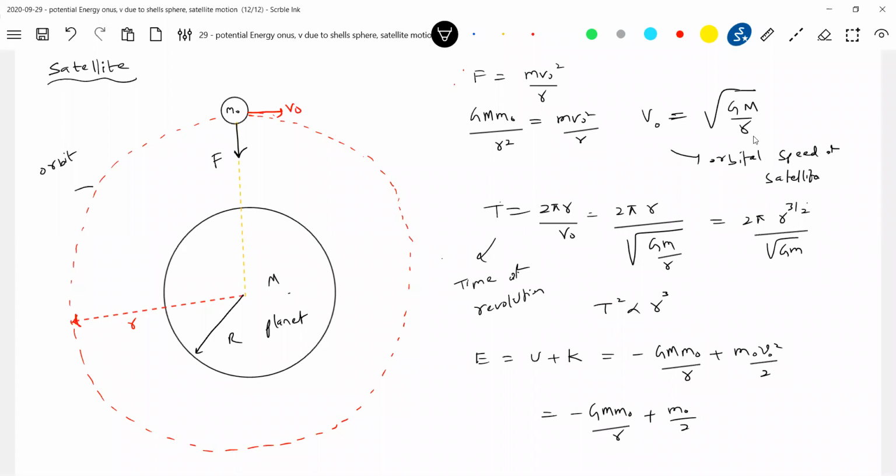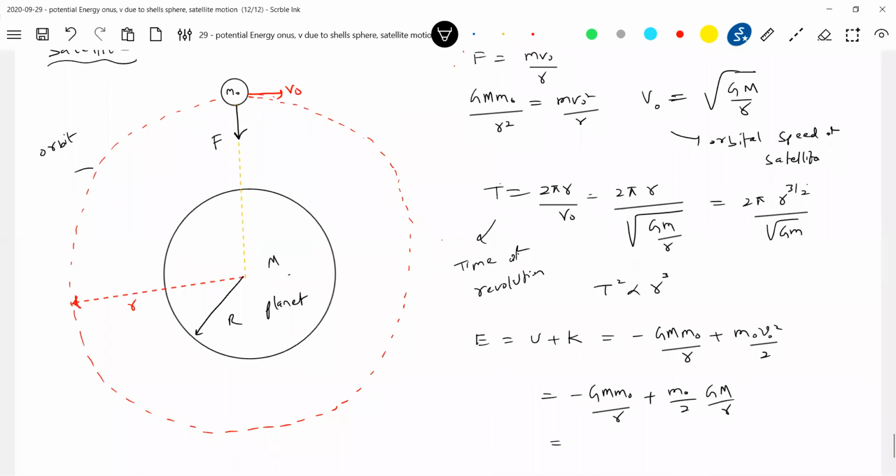What is v naught? v naught square will become G M by r. So if I solve this, this is the energy of the satellite here.